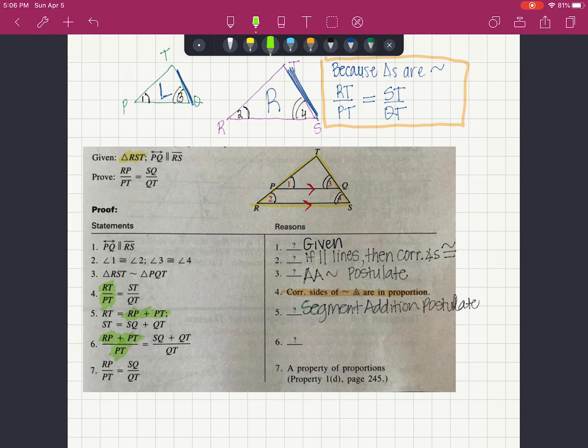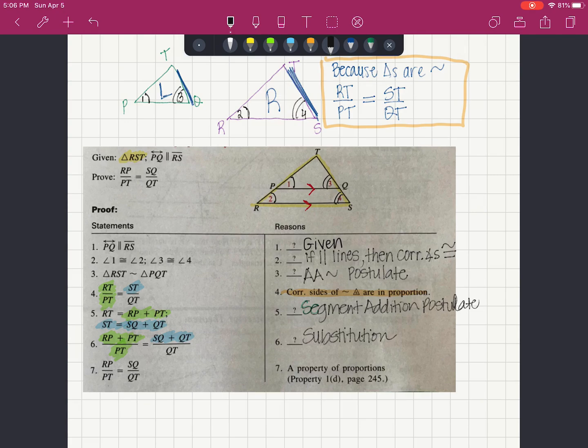So look at that, we're substituting that in. It's very nice. And then SQ plus QT over QT. Well, SQ, we just substituted that in right there, right? So this right here is called substitution. So by the property of substitution, we, voila, created this other looking form of a proportion.